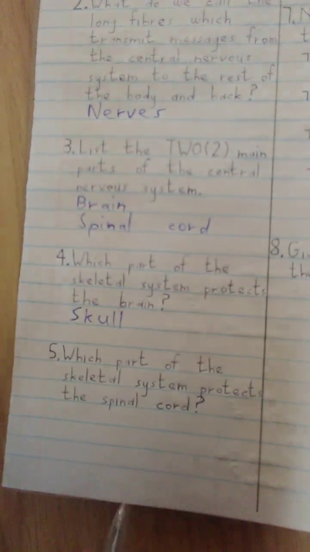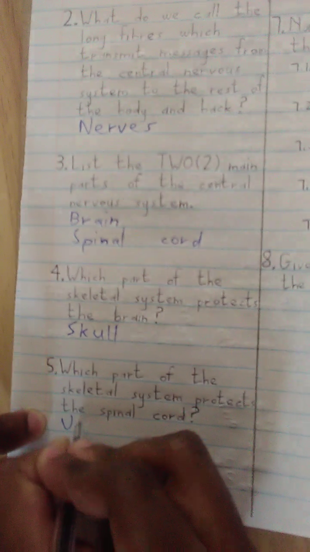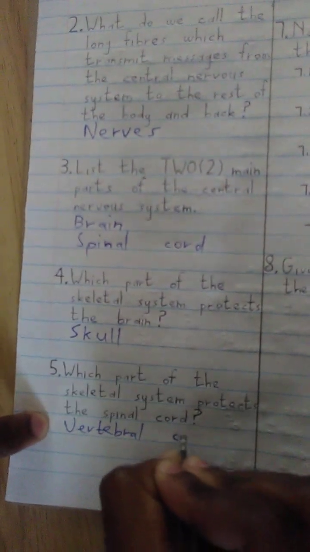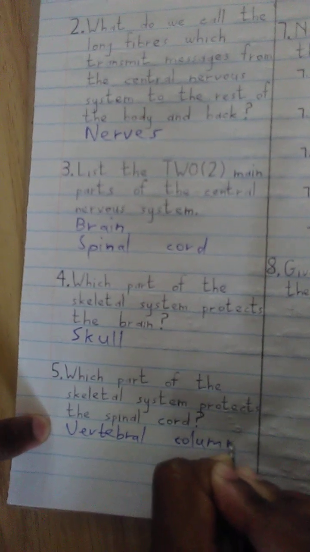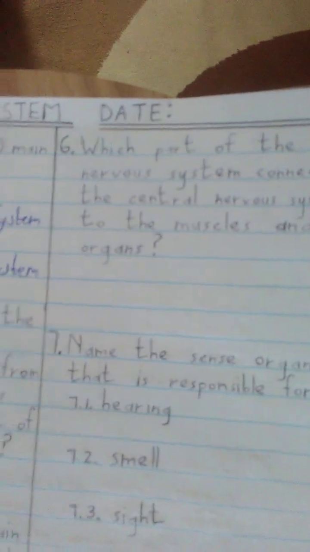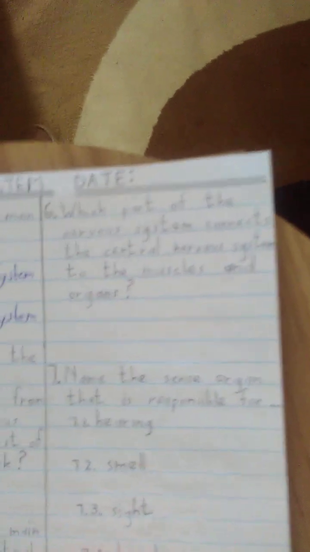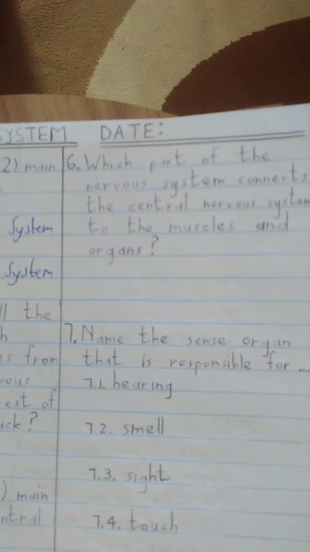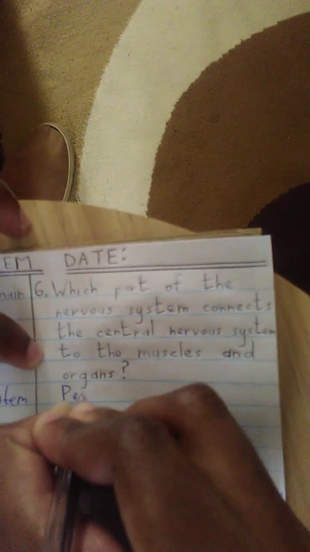So that's the vertebral column, also known as the backbone or the spinal column. Number 6 asks, which part of the nervous system connects the central nervous system to the muscles and organs? So this is the peripheral nervous system.